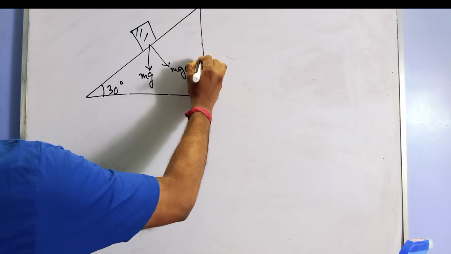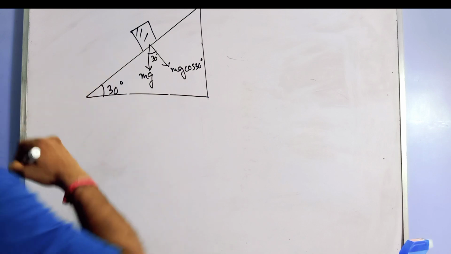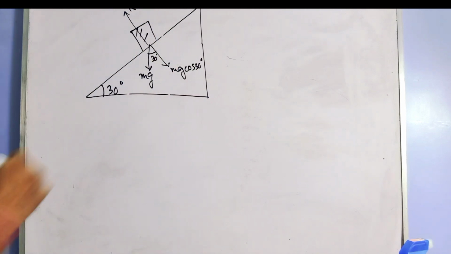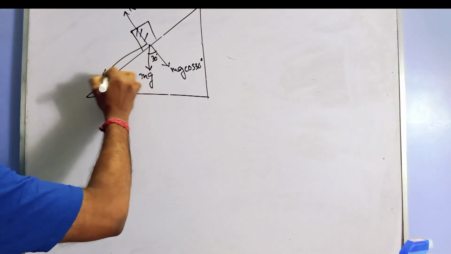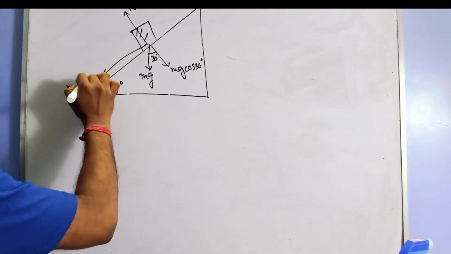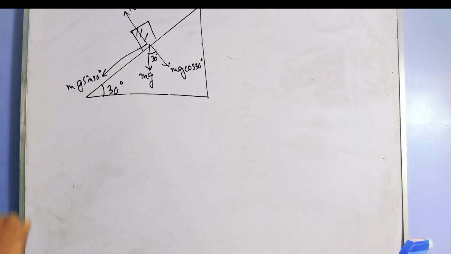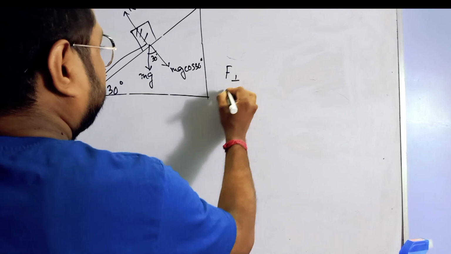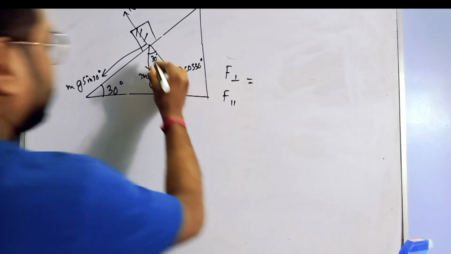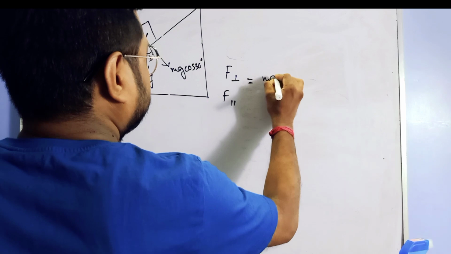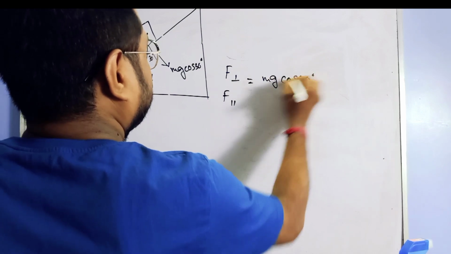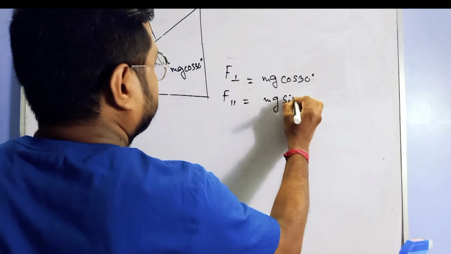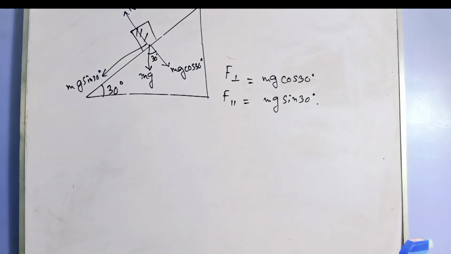The component mg cos 30, as this angle must be 30 degrees, is along the direction perpendicular to the plane, with the normal N in the opposite direction. Along the plane, this is mg sin 30. So the perpendicular component of force, F perpendicular, is mg cos 30, and F parallel, that is parallel to the inclined plane, is mg sin 30.